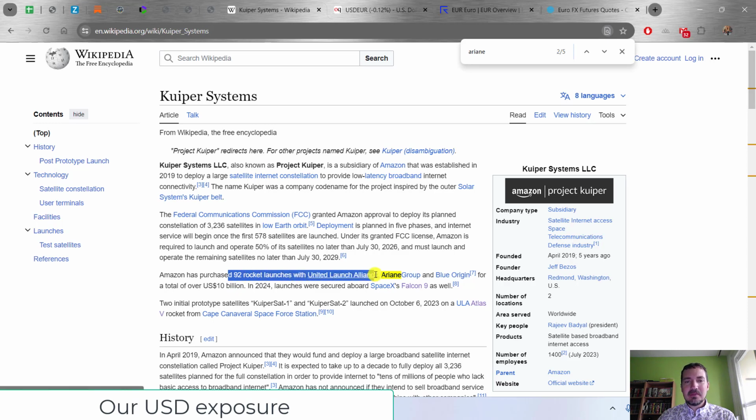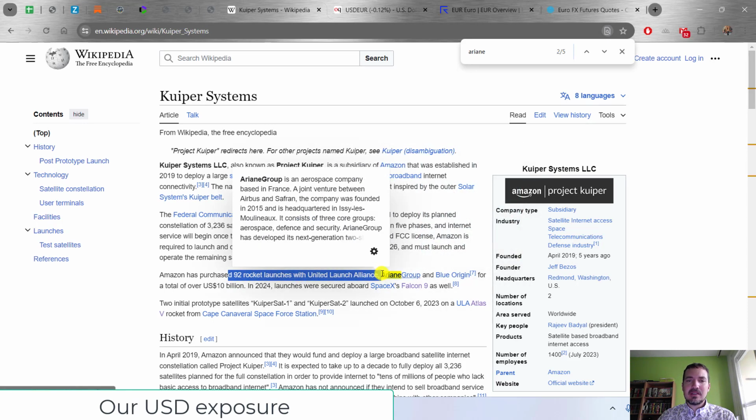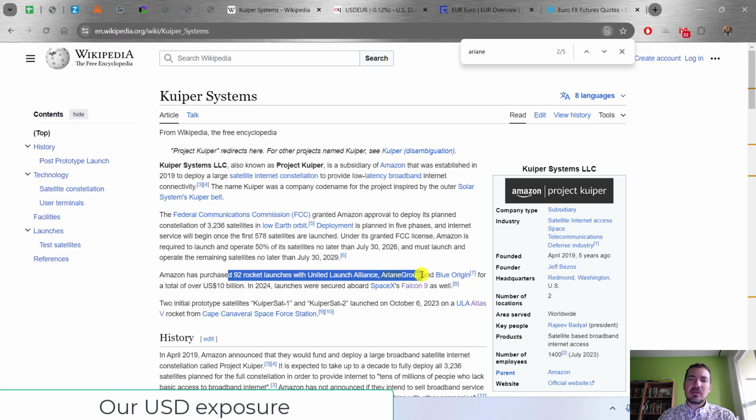And it's really funny because United Launch Alliance doesn't have a cheap reusable rocket. Ariane Group, yes, we know them. Blue Origin, which is Jeff Bezos' own company, is supposed to have, we know that their new Glenn partially reusable vehicle will just fly maybe in September, so that will be their first flight.